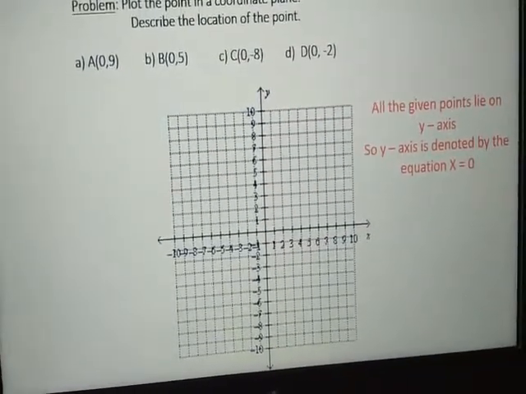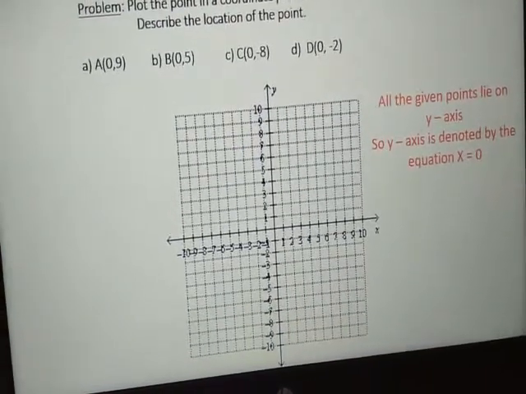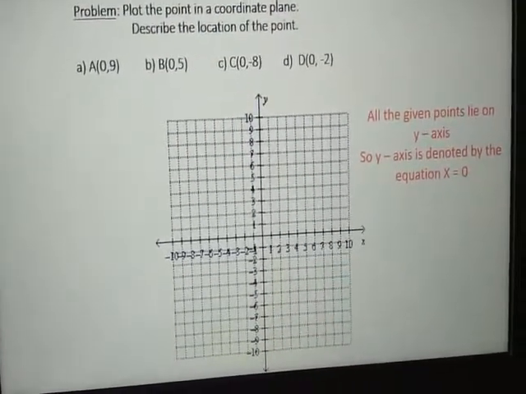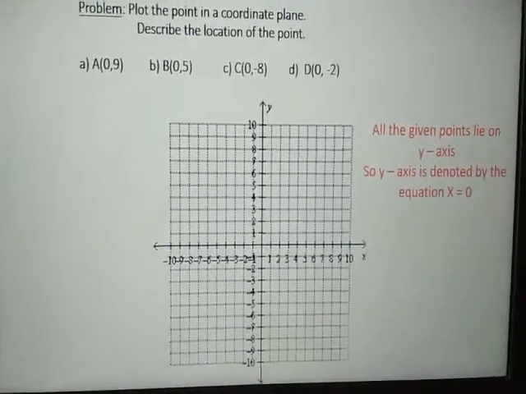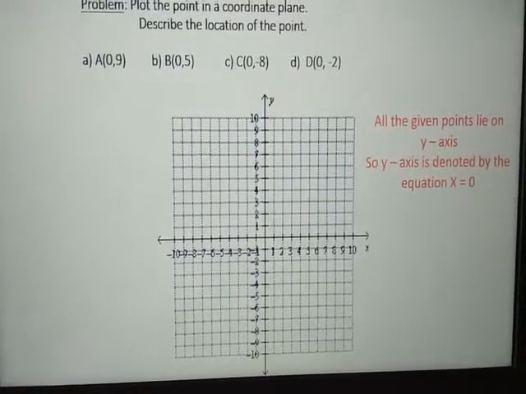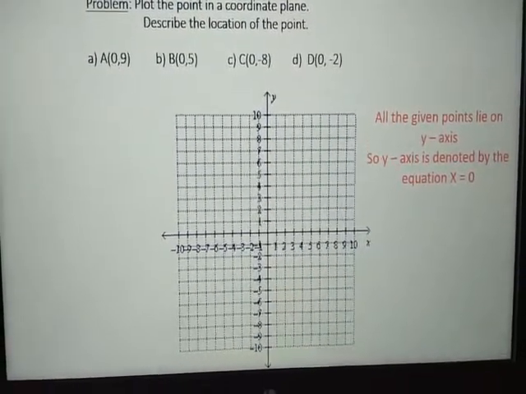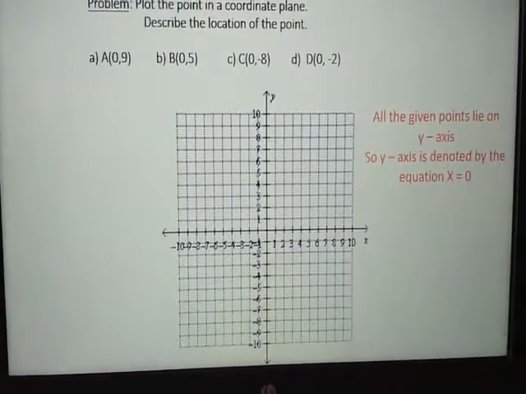Here, as I told you, the ordinate is changing for all the points. Whatever the ordinate is, x is 0. So we write the equation as x = 0 for the y-axis. The y-axis is denoted by the equation x = 0.